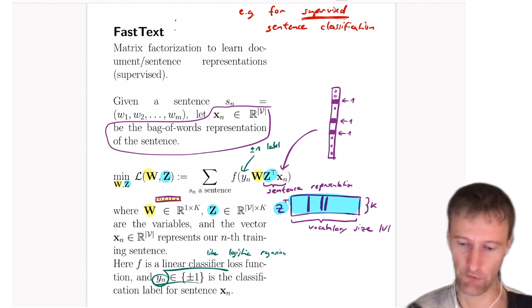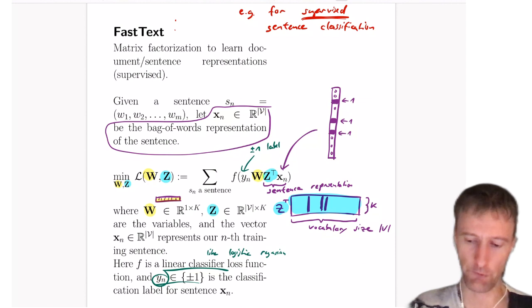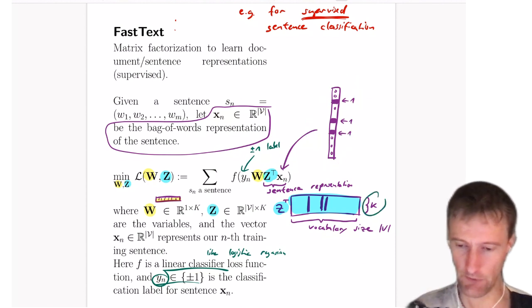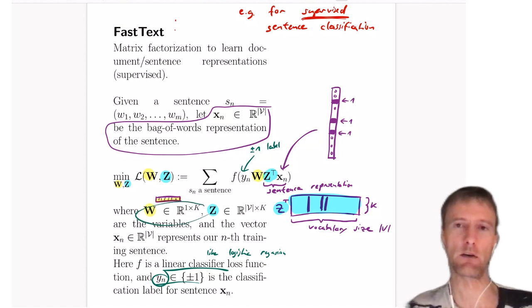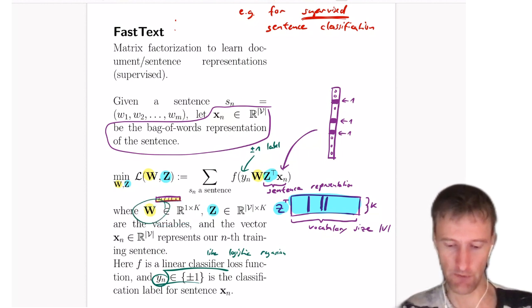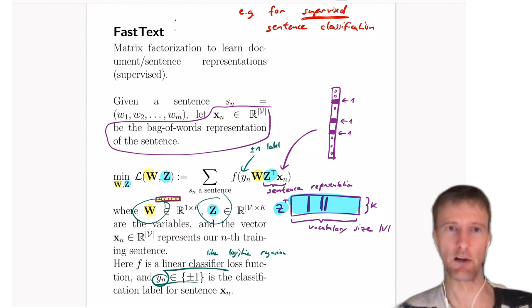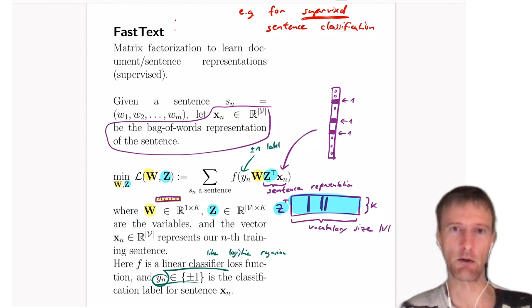But here we first have learned Z, which goes to a k-dimensional space, which is actually lower. So k is like 100 or so. I go down from 1,000,000 words to 100 dimensions. And then I go to this W, which is a classifier vector, which is only size 100, so quite small. But the answer from that is way better because it learns the W and Z to go well together and together learn a non-linear relationship.